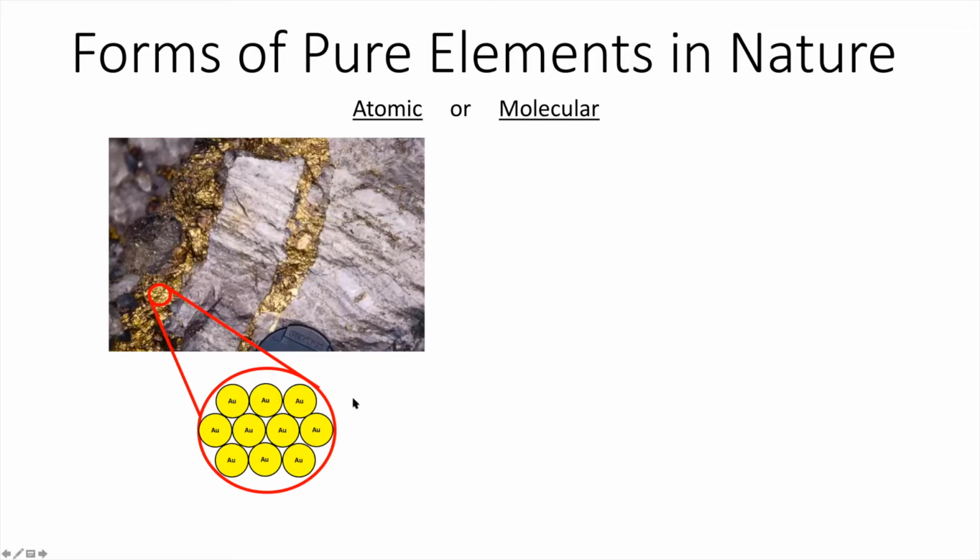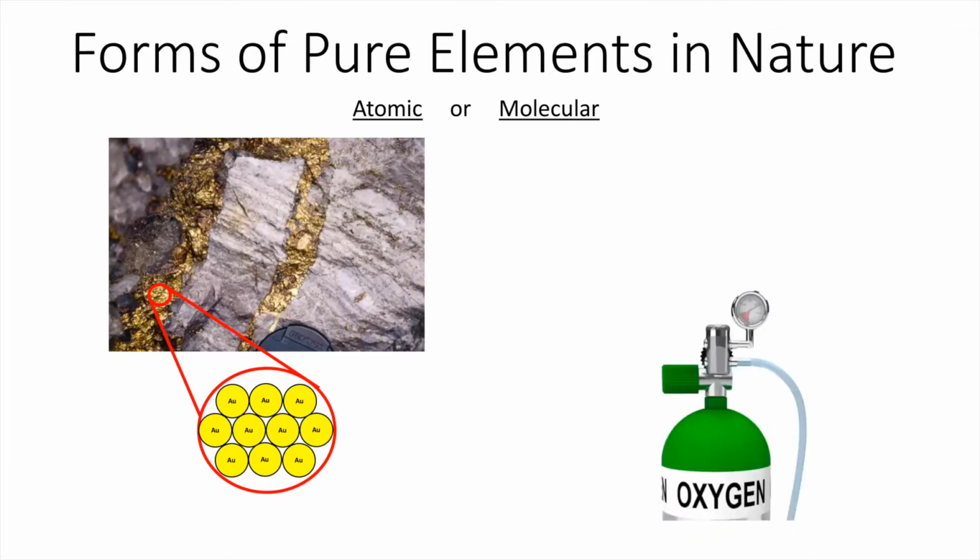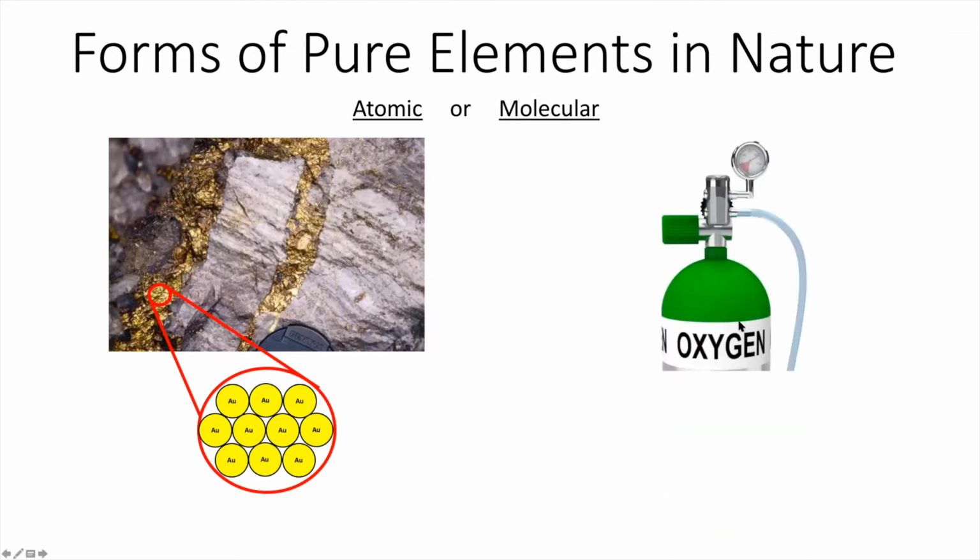Now, compare that to what we find for some elements in nature as molecules, or in the molecular form. An example of that is something like oxygen gas. In nature, we don't find pure oxygen as discrete oxygen atoms. Rather, we find O2 molecules. What you see is that in nature, pure oxygen is always found as O2.